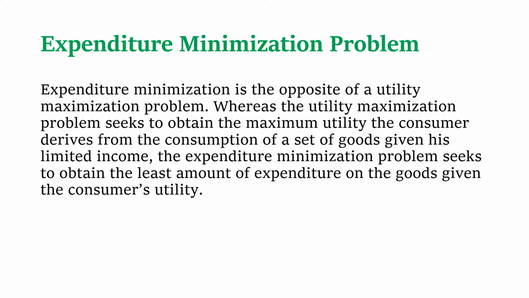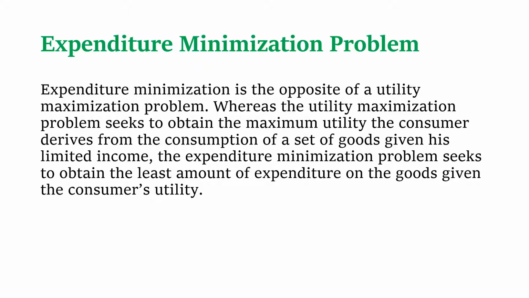So, if the consumer is faced with only two commodities, then the total expenditure is the sum of the individual expenditures on the two goods. So the objective function for the expenditure minimization problem is: minimize p1 x1 plus p2 x2, assuming that there are only two commodities.